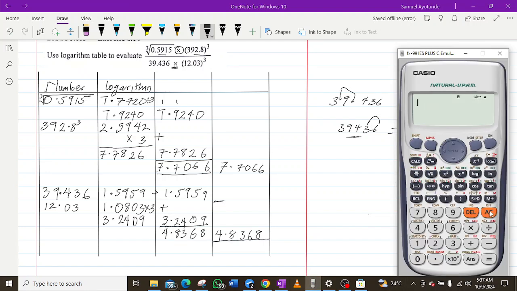So we have 7.7066 minus 4.8368. We have 2.8698.